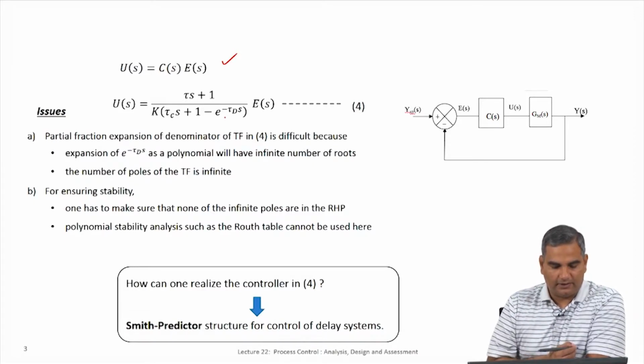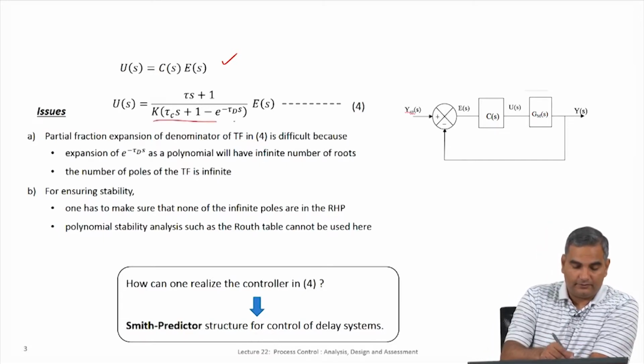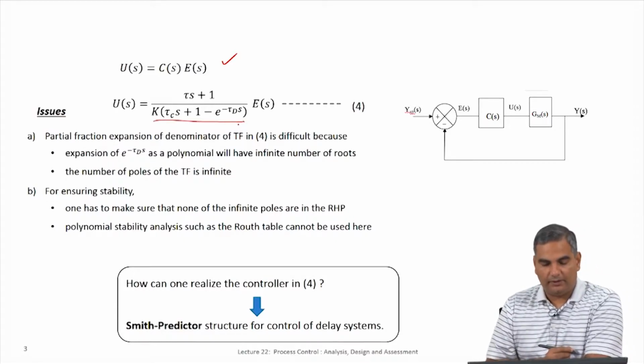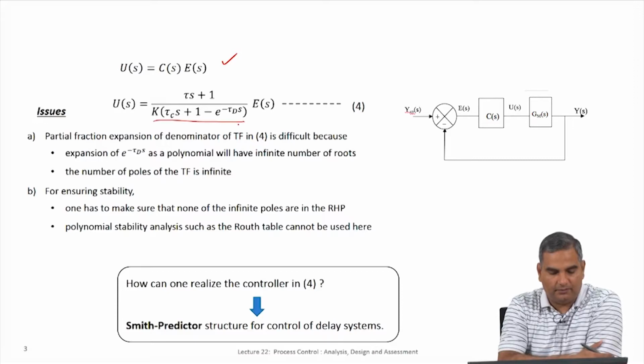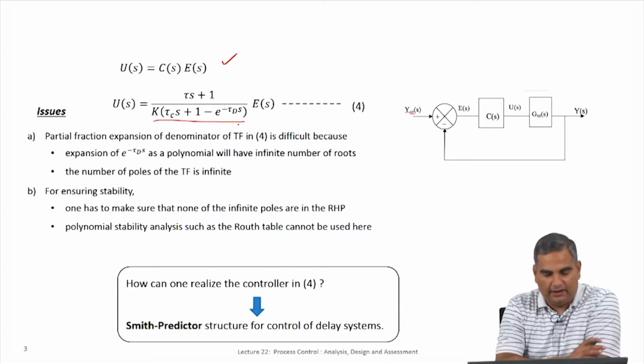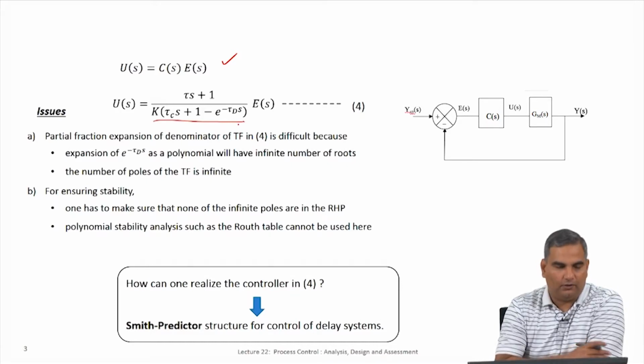So, those are things that we have been talking about. However, now I have this in the denominator which is not a polynomial. The problem is the tool that I have taught you till now is partial fraction expansion, but this is not possible here because I have an e^(-τ_d s), and I am going to talk about this from a slightly simple perspective.